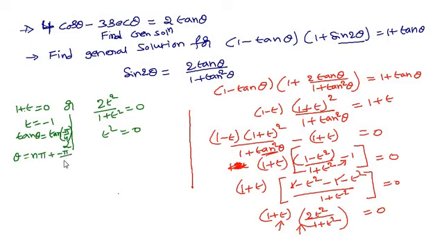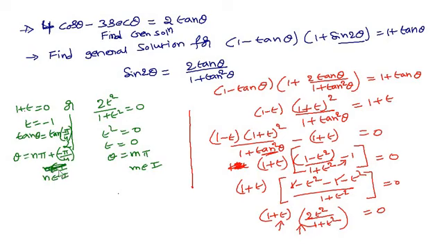Alpha is negative pi by 4. N belongs to integers. Now if you see this, tan square equals to 0 means tan should be equals to 0. For that, the general solution will be theta equals to m times pi. Here m belongs to integers, here n belongs to integers.